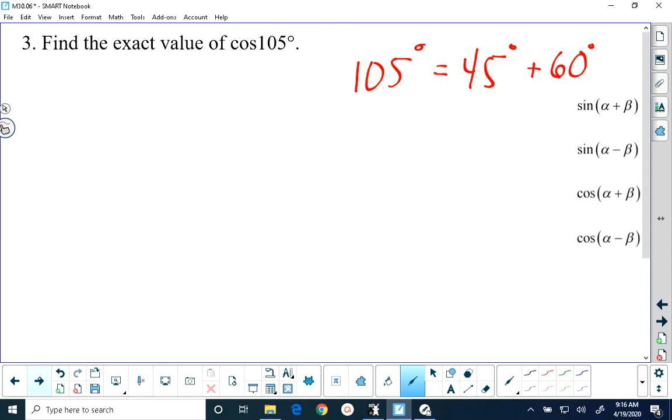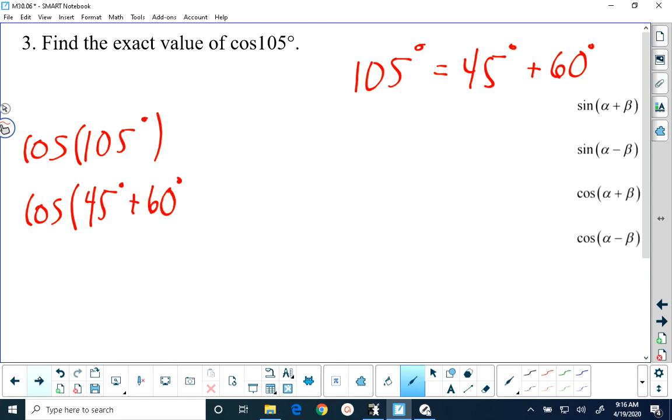And 45 degrees is a point on the unit circle that we know the x and y coordinate of, and so is 60 degrees. So instead of calculating cos of 105, what we can do is say we're going to find the cosine of 45 degrees plus 60 degrees, and we're going to apply an identity to that.